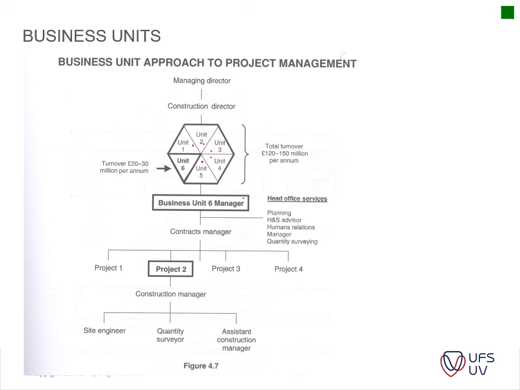Business unit manager, you have your contracts manager, and you have project 1, project 2, project 3, project 4. So the units may be anything like civil work or building work. One might be roads or whatever. It depends on how your units are structured.